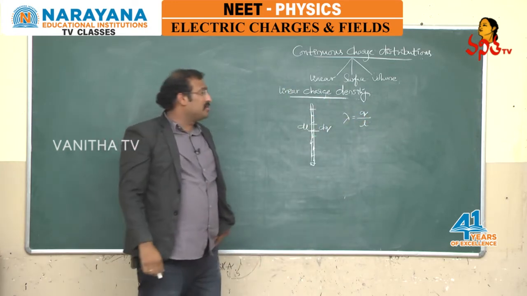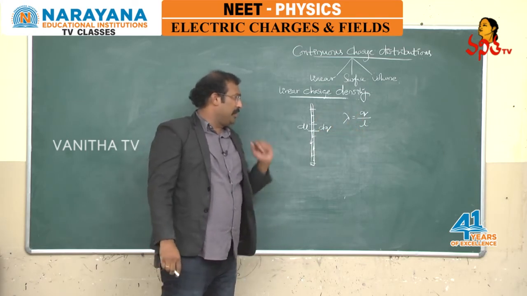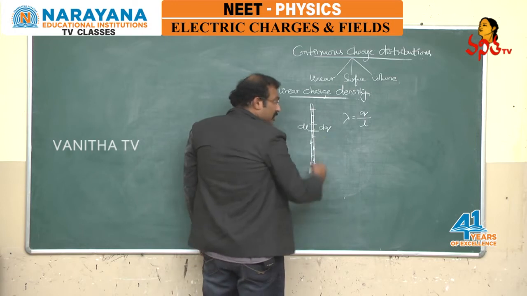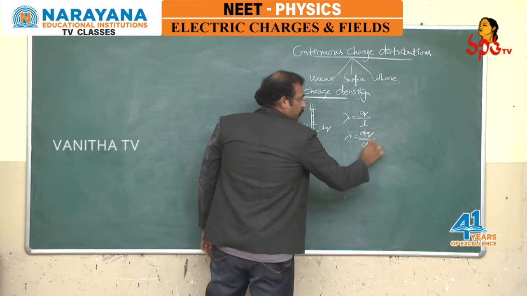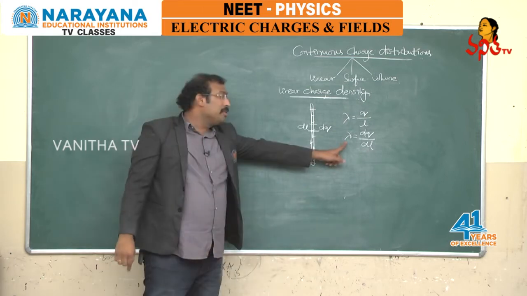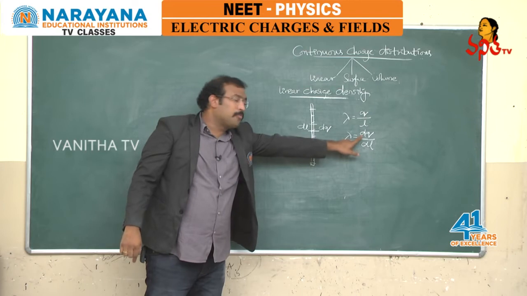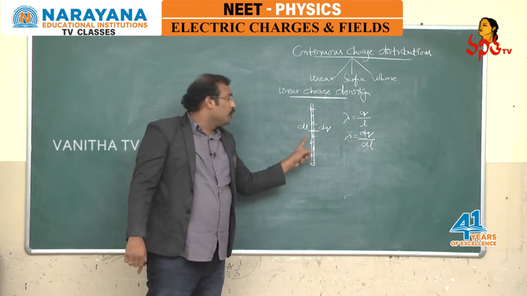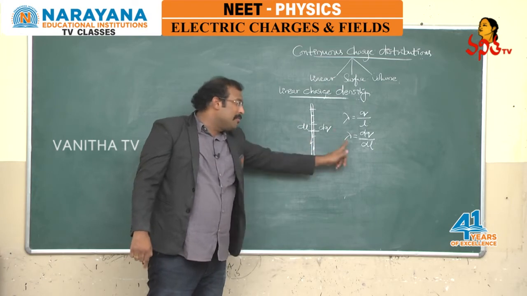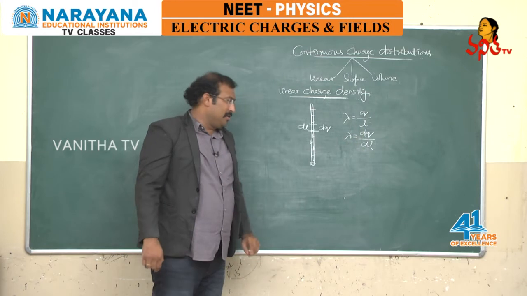The linear charge density of a wire can be defined as the charge per unit length. Since it is uniformly distributed, it is dq by dl. For a small element of length dl, with charge dq upon it, the linear charge density of a uniformly charged wire can be written as lambda equals dq by dl.